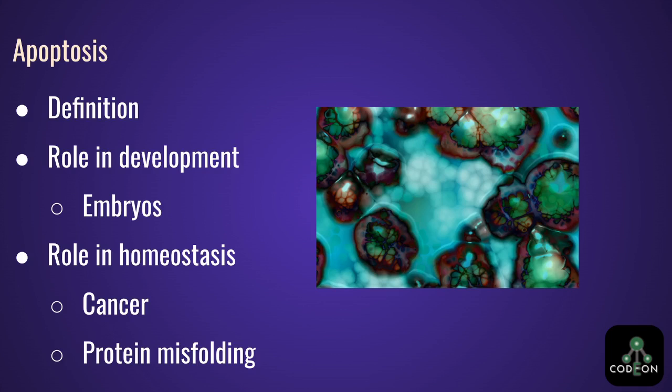So in embryonic development, when we are in the womb, our fingers actually have this layer, kind of like a web structure, this layer of skin attaching our fingers together. But apoptosis is actually responsible for giving us these gaps in between our fingers so that we don't have webbed hands. And also, apoptosis has a very important function in maintaining homeostasis.